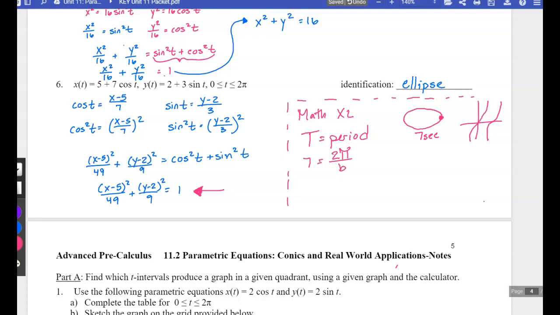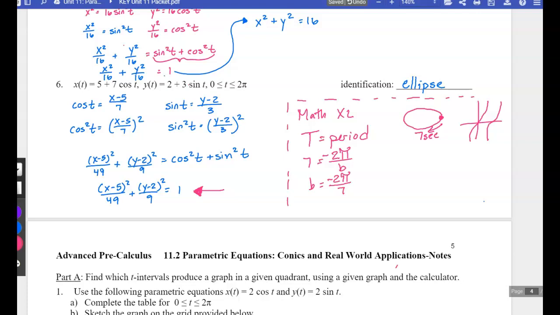So on Math Excel, what you're going to have to do to create these equations is solve for b. Technically, because we're going clockwise, this is actually a negative 2 pi because we're going the opposite direction than we normally would. So we'd have to solve for b here. B is actually, in this case, equal to negative 2 pi over 7.